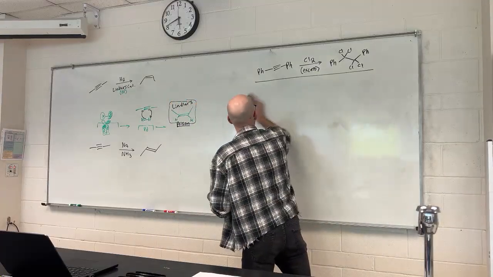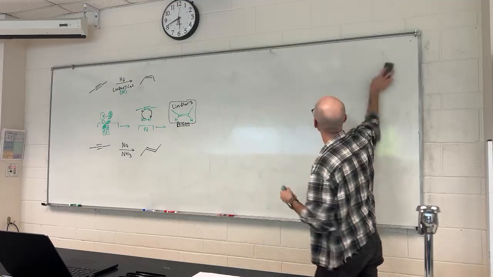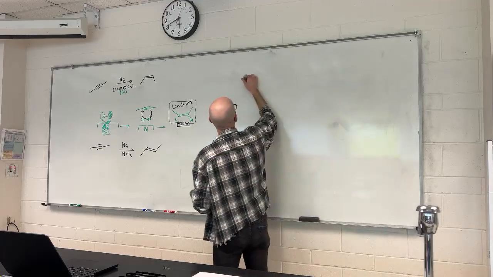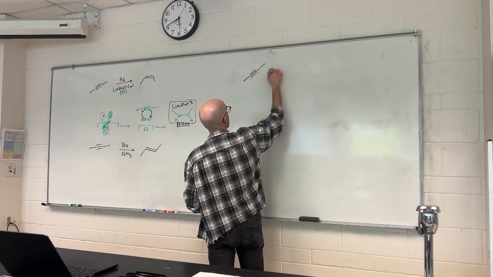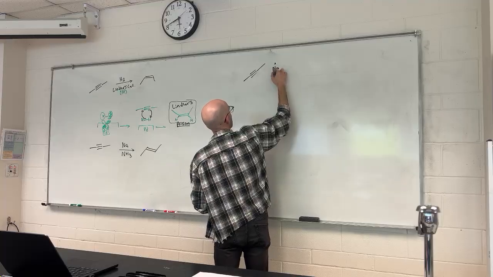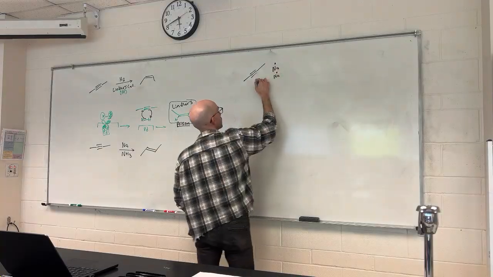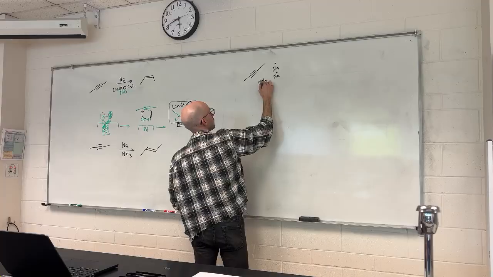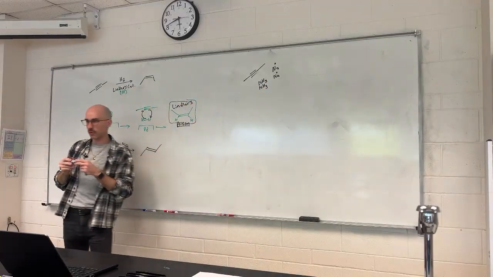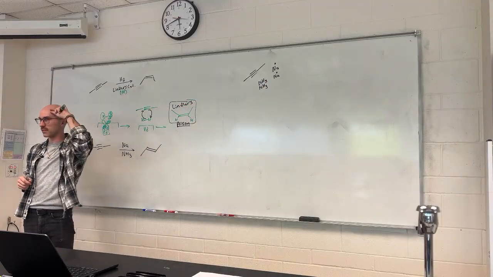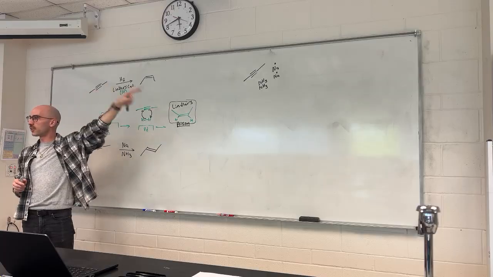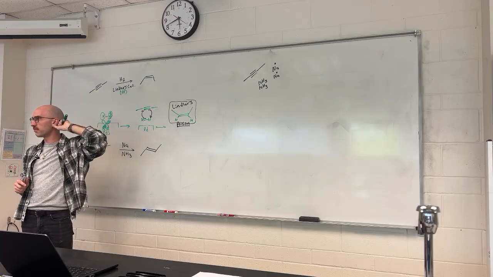So I need to figure out how to make a base. This is where sodium's role comes into play. And I'm actually going to keep track of all of my equivalences throughout this mechanism. I'll need 2 equivalences of sodium and 2 equivalences of ammonia. Do you notice what I drew over the sodiums?